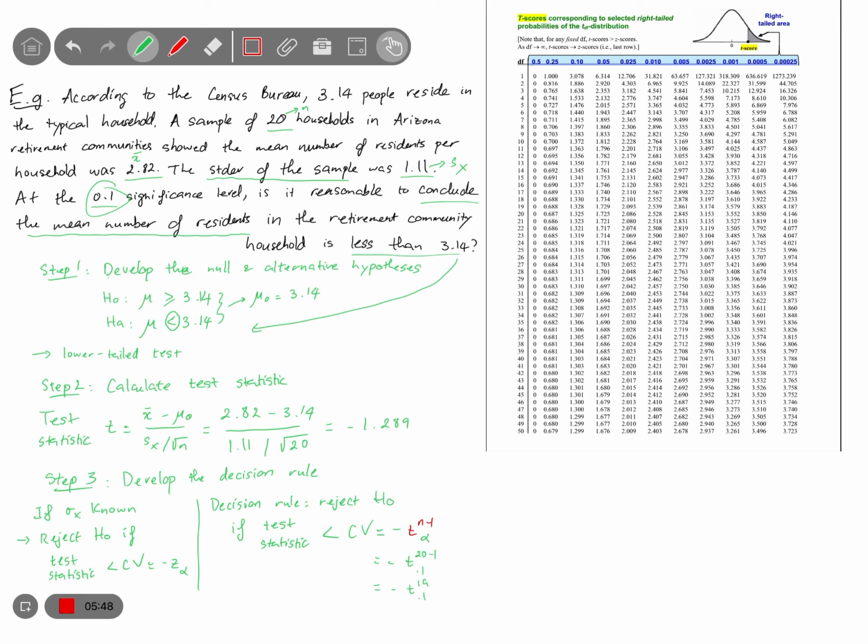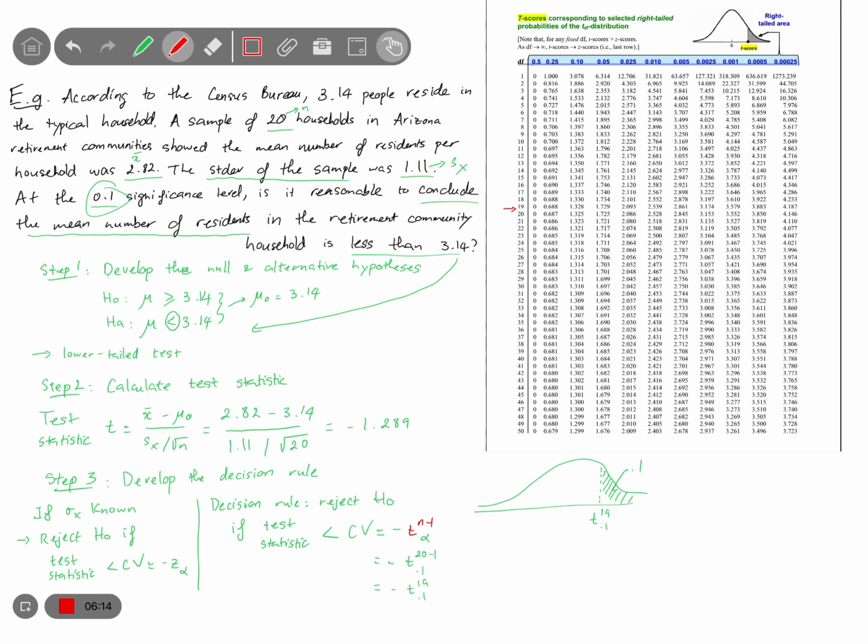Essentially, if you have the t distribution, you want to find the t value such that the area to the right of it is 0.1 when the degrees of freedom is 19. So we want to go to our t table and look at row 19.